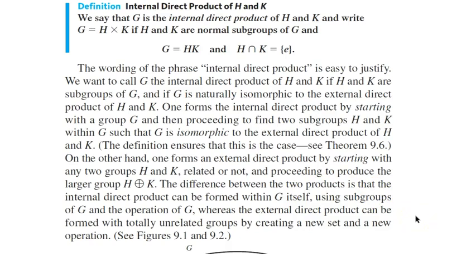The difference between the two products is that the internal direct product can be formed within G itself using the subgroups of G and the operation of G, whereas the external direct product can be formed with totally unrelated groups by creating a new set and a new operation. So, in the second case, the group G is not given in the beginning.